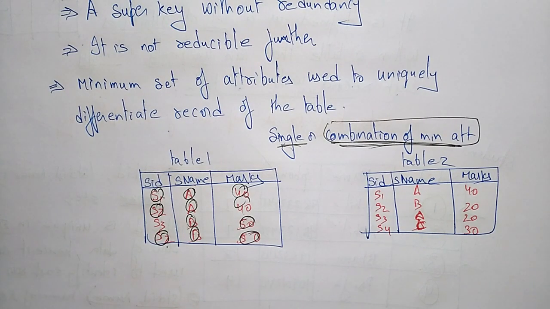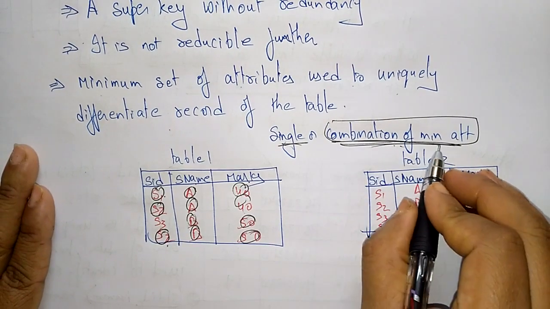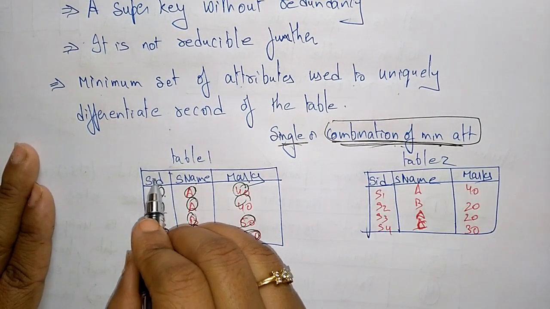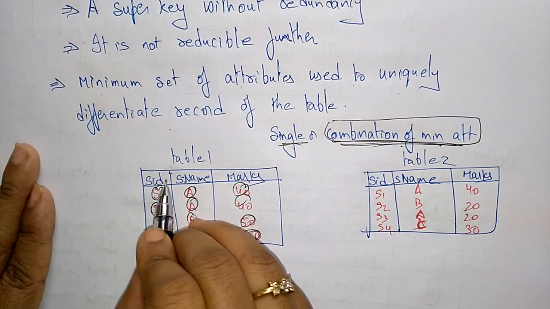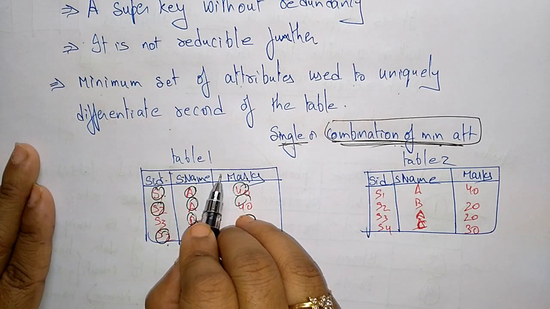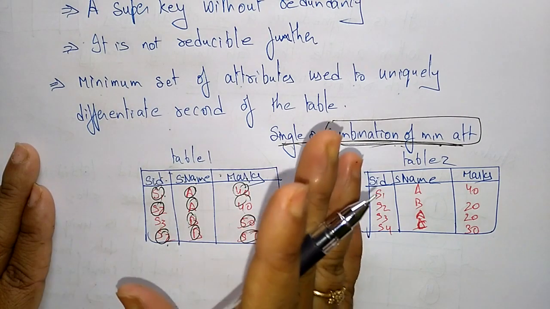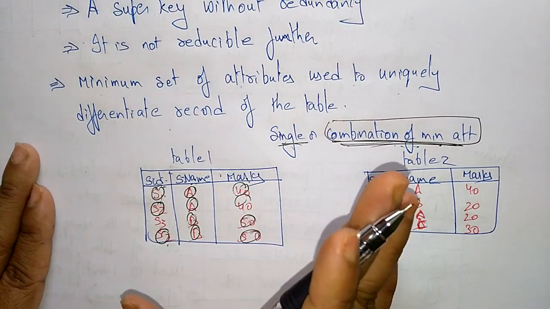So we have to find a key without redundant data, and it is also not reducible further. So I have to take the combination of minimum attributes, means only 2, not 3. Here 3 attributes will be there, and from these I can take 1 or 2. So first I am taking the minimum, 2 attributes.